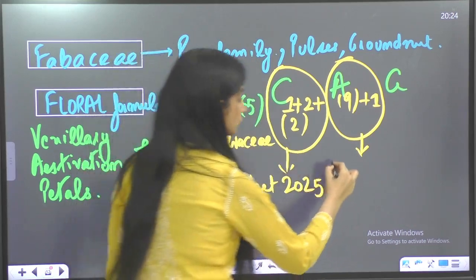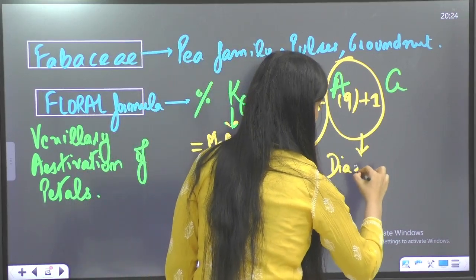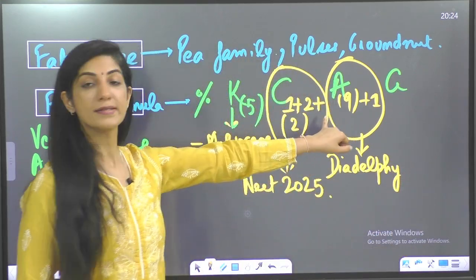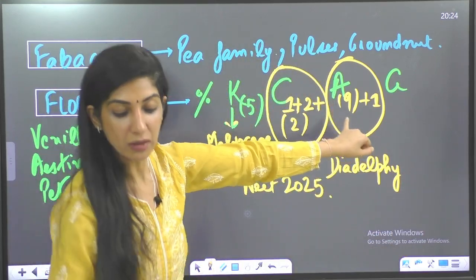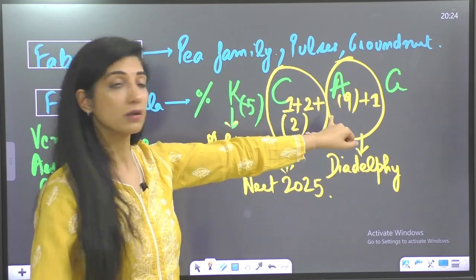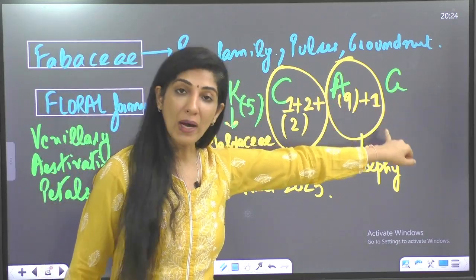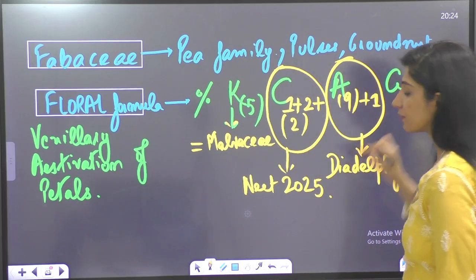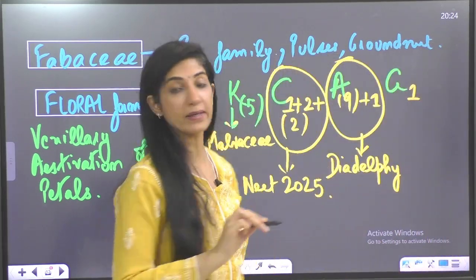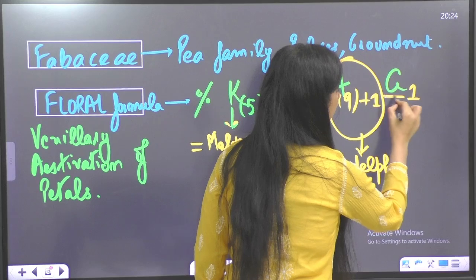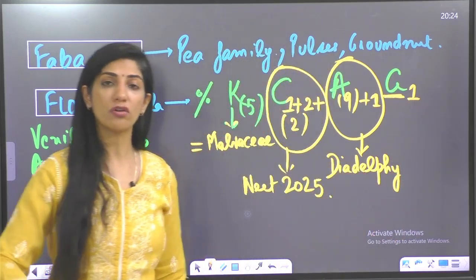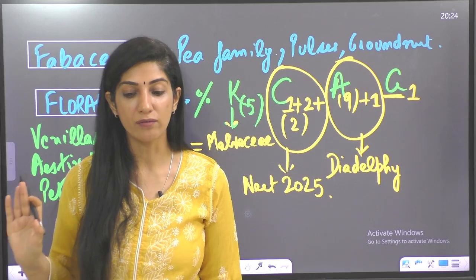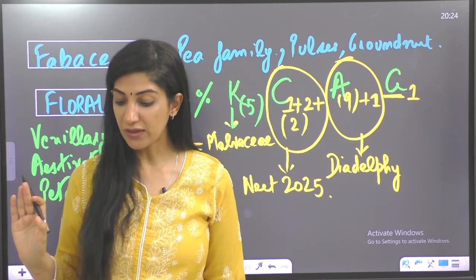This is called diadelphous condition, and a very weird diadelphy. 9 stamens decided to be in one group, and 1 was left alone, isolated. G here is 1, that is, it is a monocarpellary condition, and we will never break the rule that ovary is always superior except in the composite family. Promise me you will never ever make that mistake. Is that very, very clear?